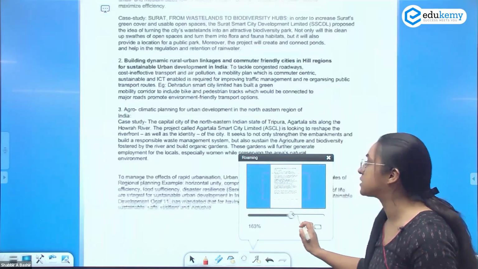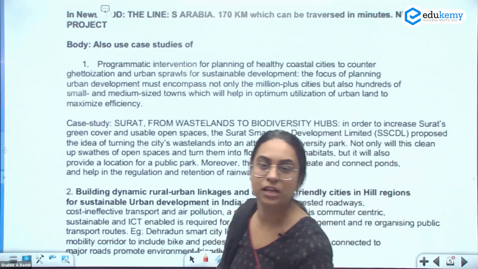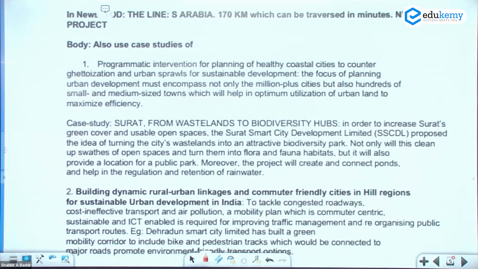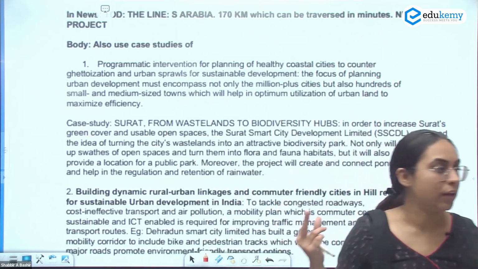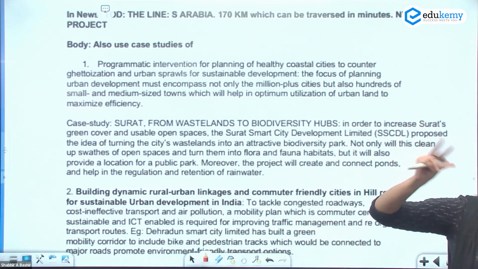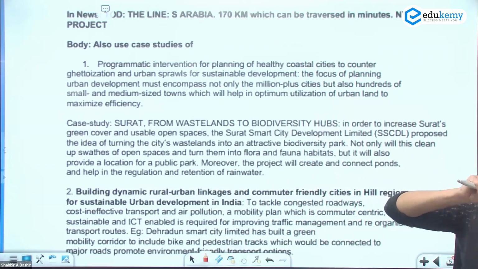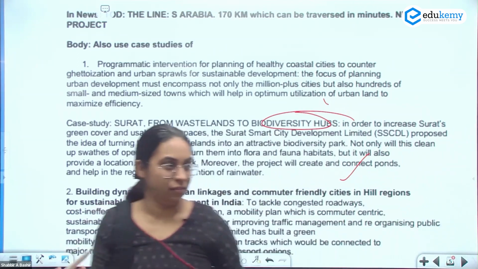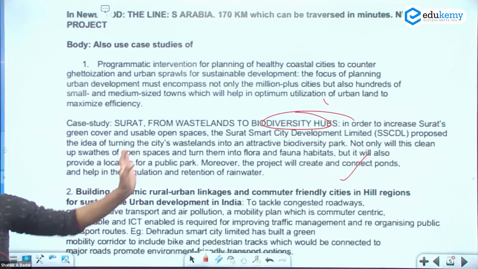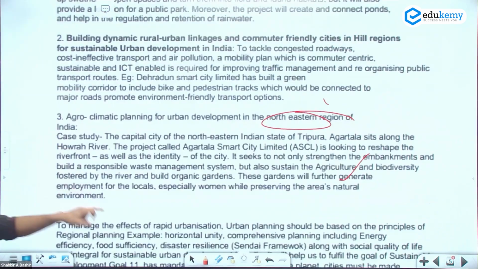There are a few case studies in the PDF that we will share. These are smart city based case studies, for the smart cities being developed here in India, like Surat and Agartala in Tripura. In Agartala, biodiversity hubs are being developed. So local employment, and if you look at Surat too, there is local use of resources. In the case study of Surat, they are converting wasteland into biodiversity hubs. This is also similar to the green sponge cities concept, green planning, making biodiversity hubs, especially on the wasteland. There is also a case study for agroclimatic planning.